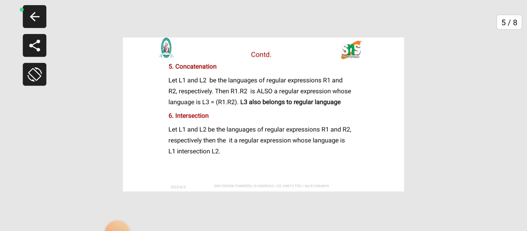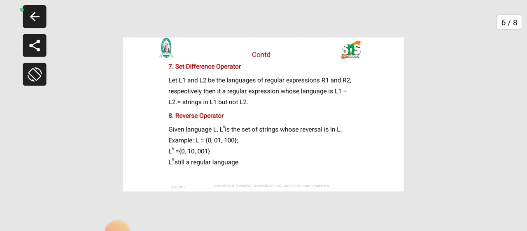Then there is a regular expression whose language is L1 intersection L2. Intersection is none other than fetching the common values between L1 and L2. Next, set difference operator. Let's consider L1 and L2 as the languages of regular expressions R1 and R2. Then there is a regular expression whose language is L1 minus L2, the strings in L1 but not in L2. That is what we call the difference operator.